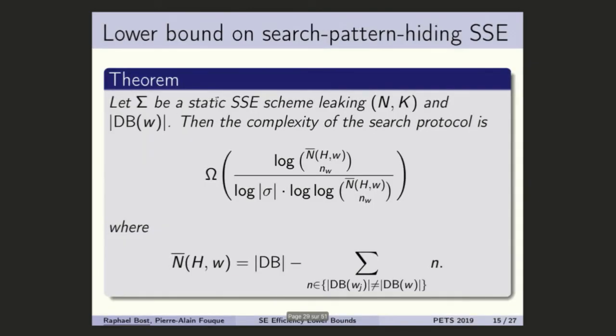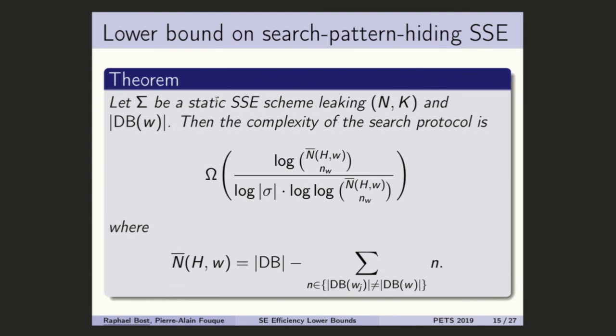And we end up having a bound like that, saying that if you have a static SSE scheme that only leaks the size of the database and the number of distinct queries at setup, and then the number of results during search, then the complexity of the search query, when you sum the complexity for the client and the server, is at least this.